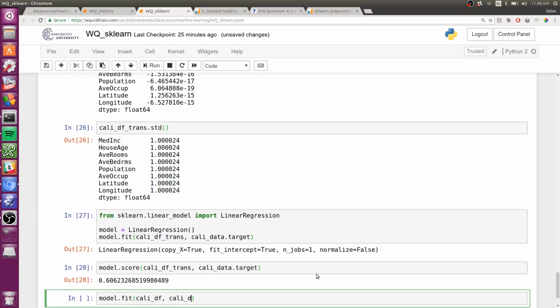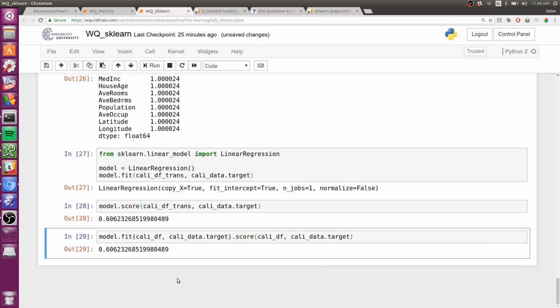Now, I'm not going to get a different R squared than if I fit to the untransformed data. I get the exact same R squared. The scalar does not improve the performance or the goodness of fit of the model.